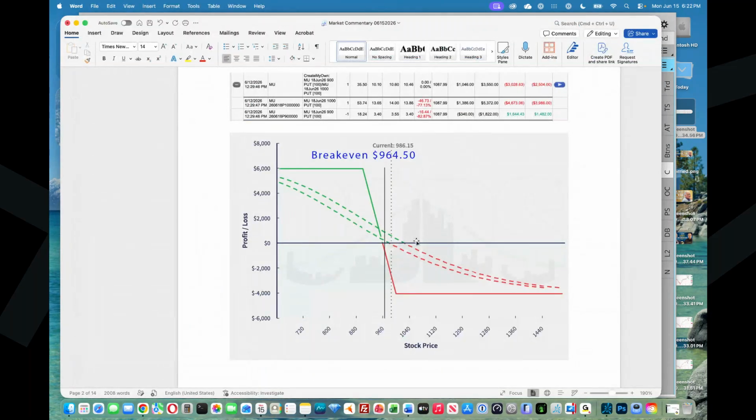I built this graph here, and this curved line shows the value and the break evens as of today, or in this case, as of Friday. The upper line shows where the time value was on Friday, and the lower line shows where the time value ended up today.